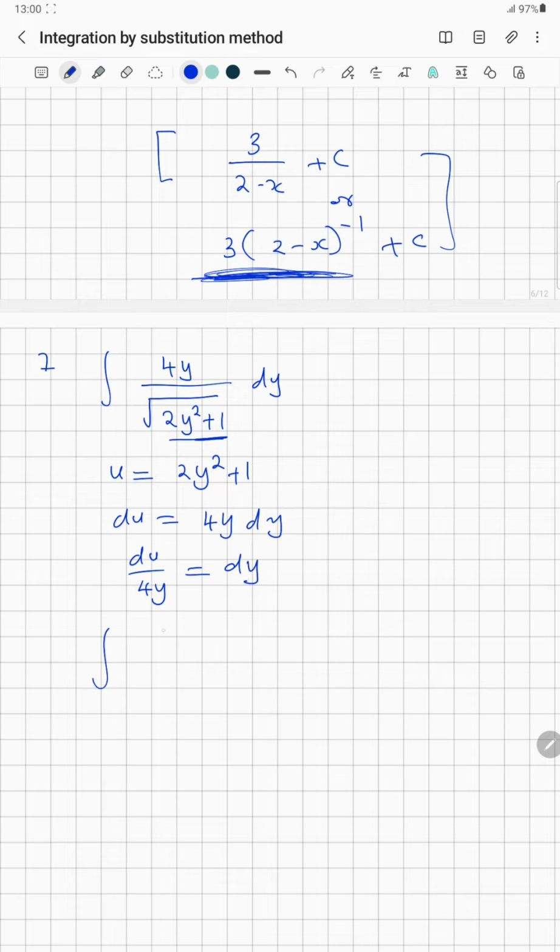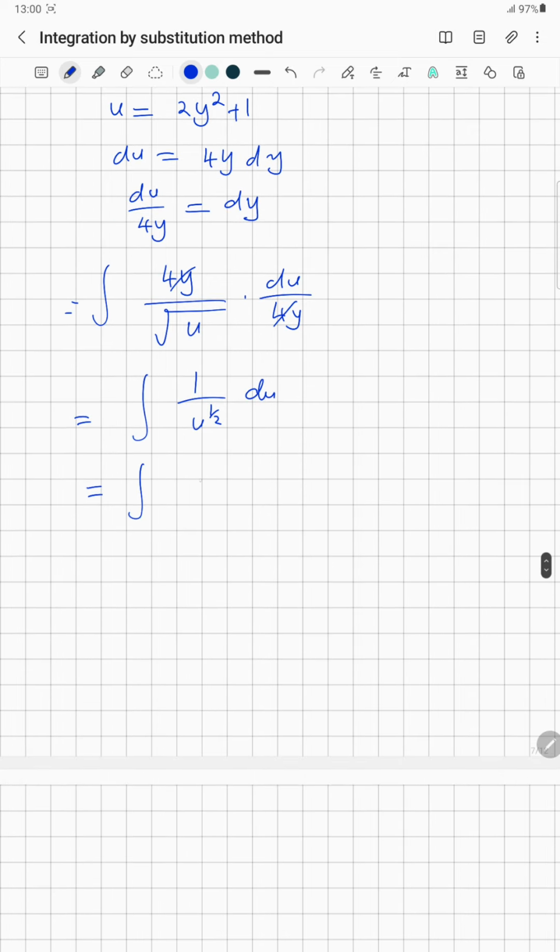And you can do now that substitution. 4y is equals to square root of u, dy you replace with du over 4y. This and this will cancel, and this one we are going to have a function of this form, 1 over u power half du, which can be written as you integrate u power minus half du.